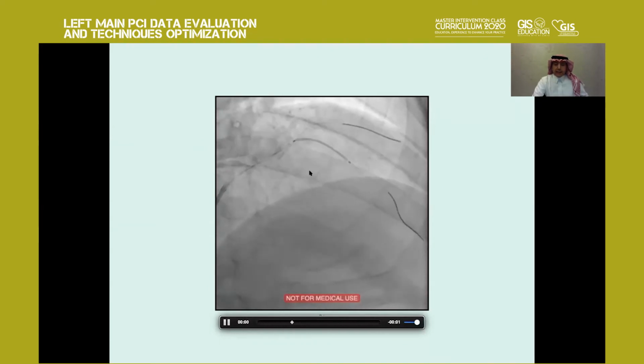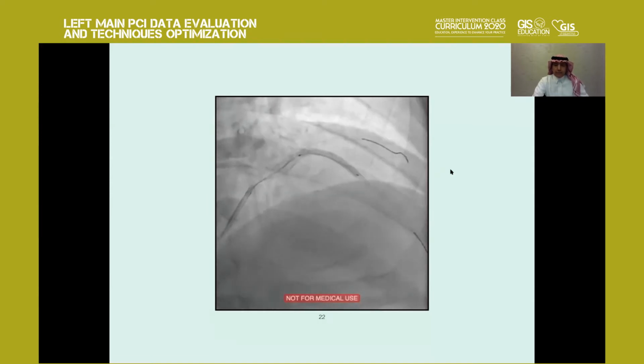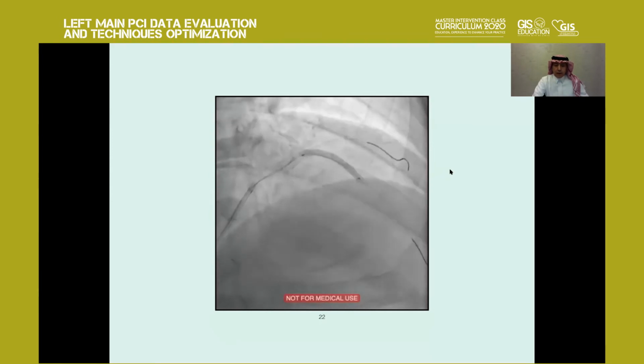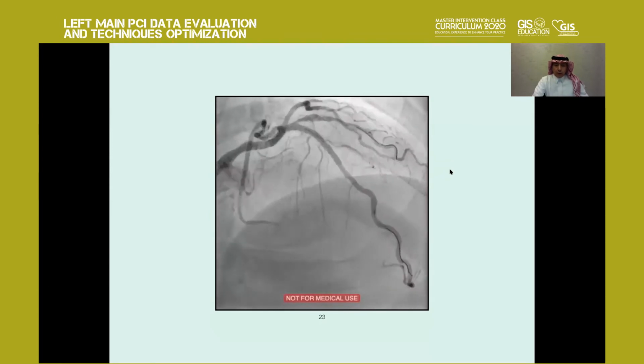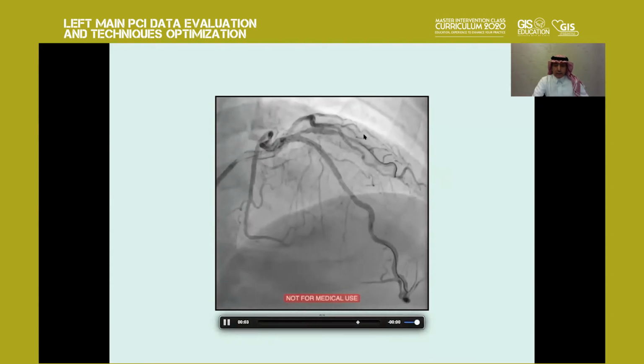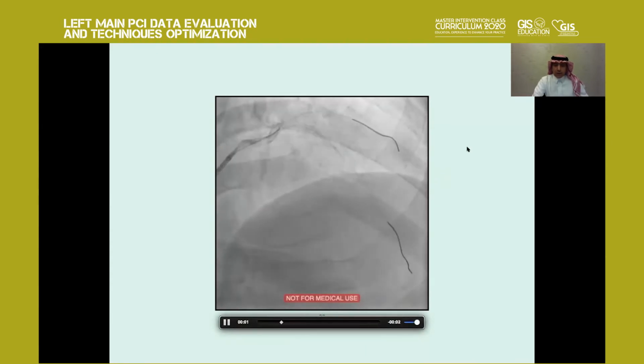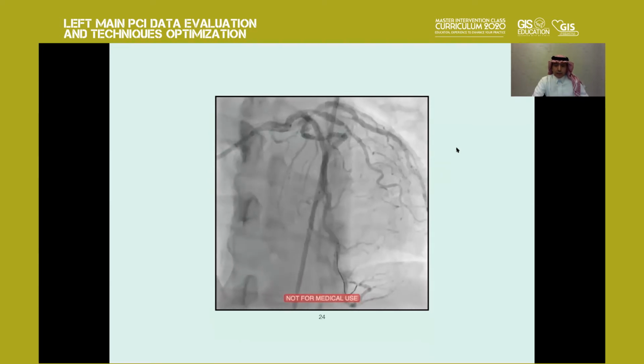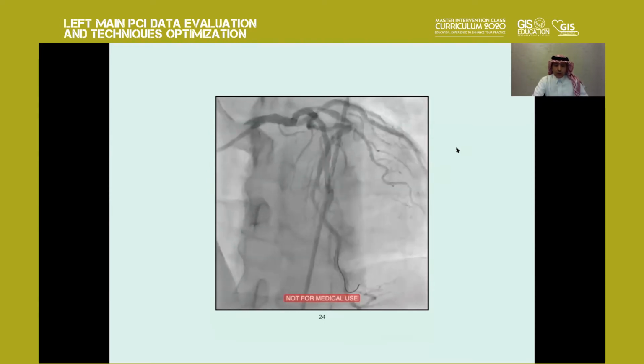The stent in the LAD is 2.75 by 26. Inflated with the jailed wire in the diagonal. It looks okay, needs more work. Then I withdrew my jailed wire from the diagonal and put another inflation up to 15 atmospheres. It looks fine to me.